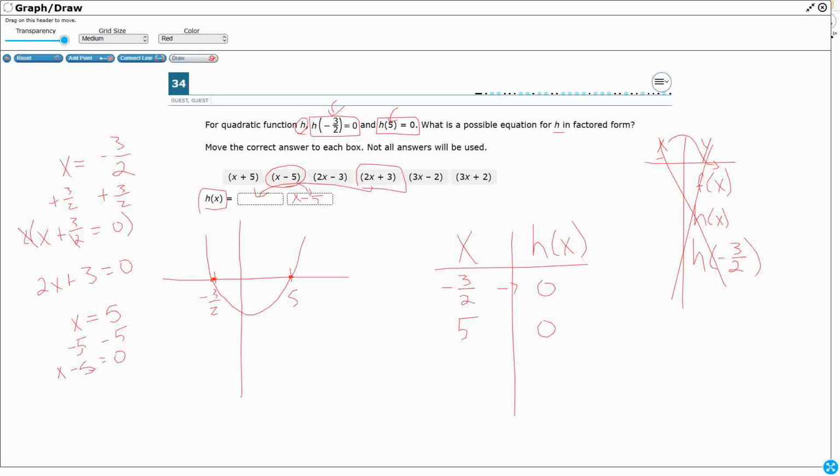It really doesn't matter which order you put them in, but I'll go ahead and put them in like this. The answer key actually has correct answers in either place, so you can flip the x minus 5 or the 2x plus 3. Now we've got it in factored form. We could FOIL it out if we wanted to, and we would still find that the two zeros are going to be your negative 3/2 and your 5.